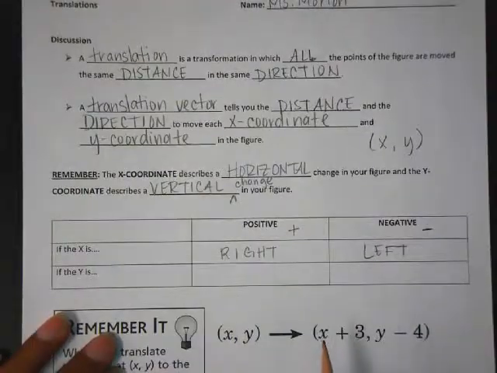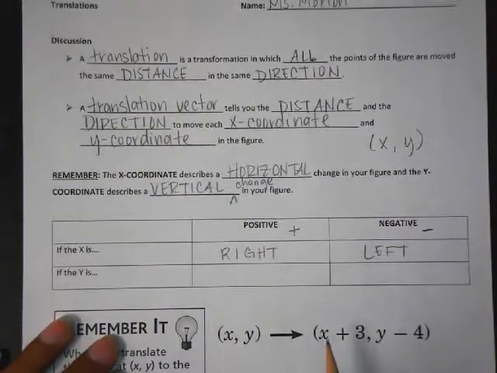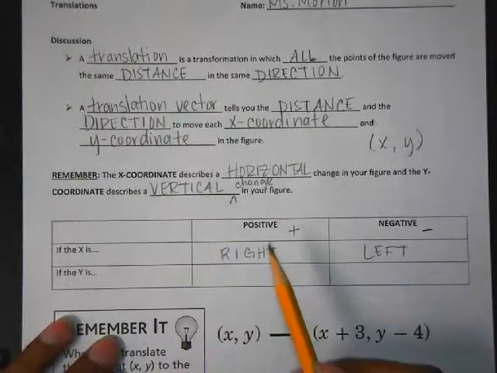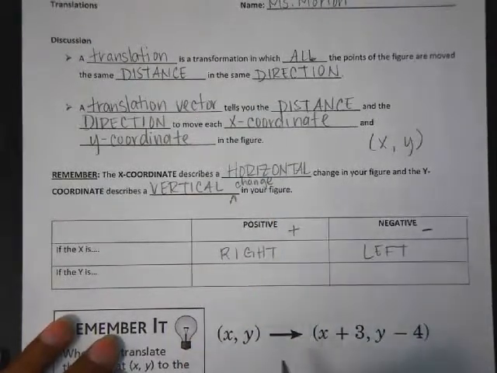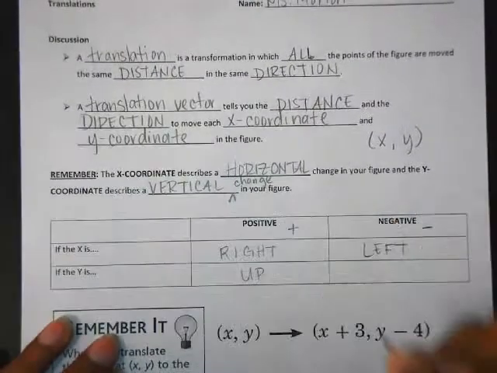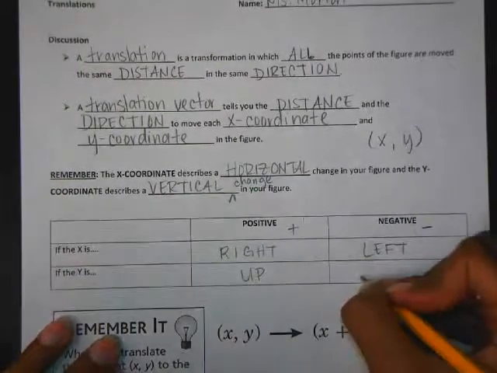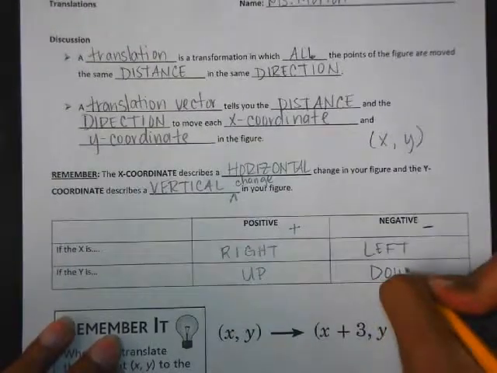If the y is positive, and remember y is a vertical move, then you're going to move the figure up. If the y is negative, you're going to move the figure down.